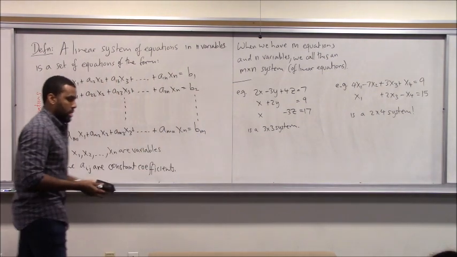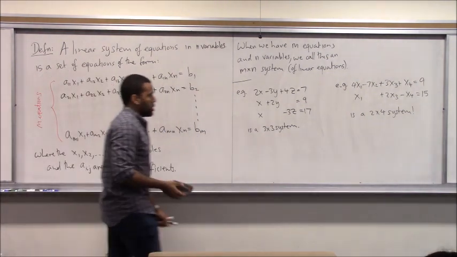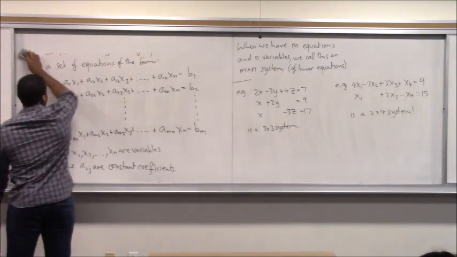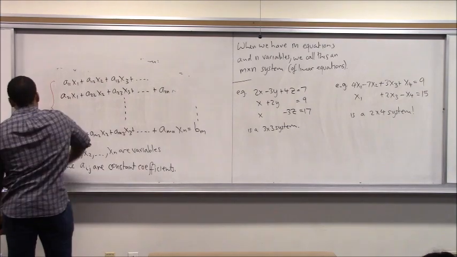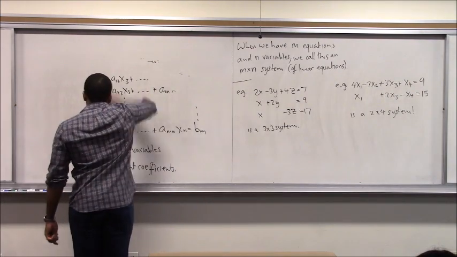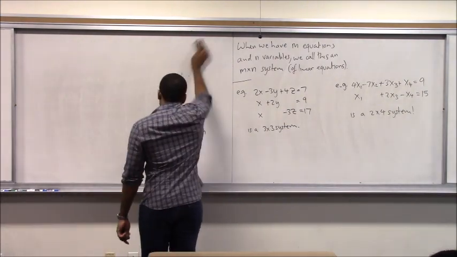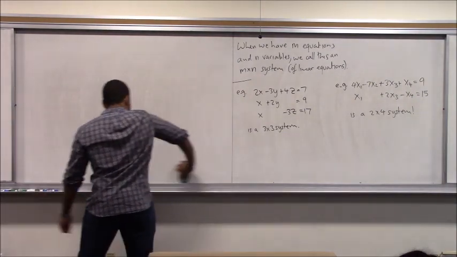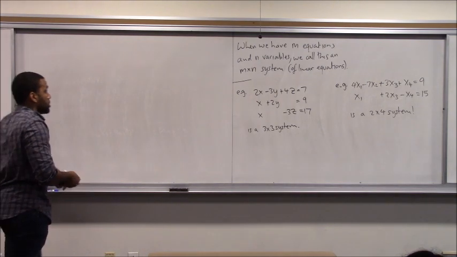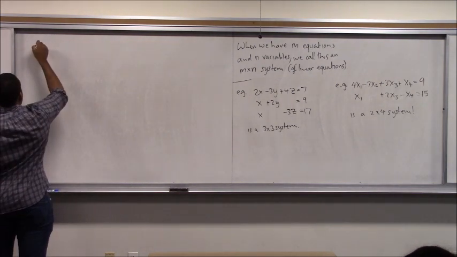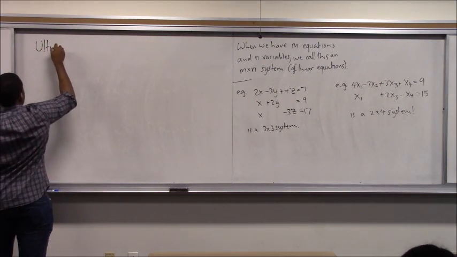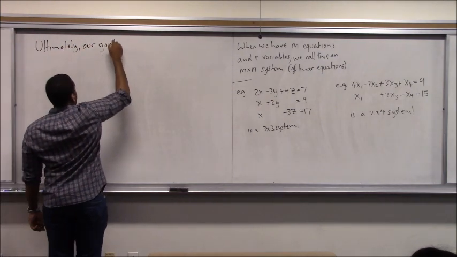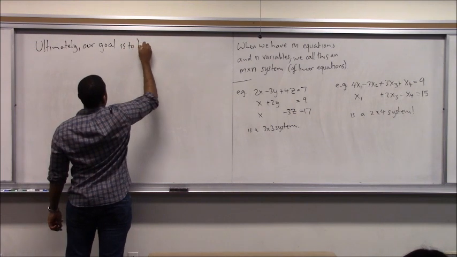Now, it turns out systems like these appear more often than you would think. Our goal is to solve these systems. So ultimately, you want to get to a point where, given such a set of equations, you can actually solve for the variables.